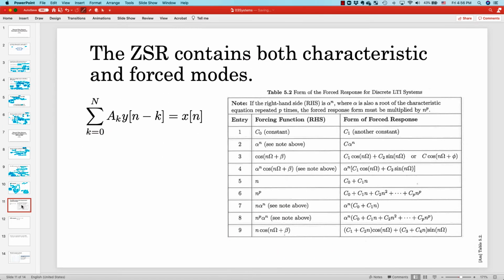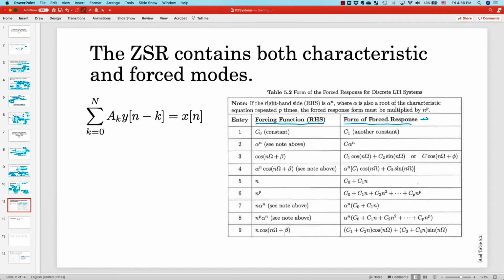Okay, so note. The ZSR, or zero state response, contains both characteristic modes and forced modes. So remember, characteristic modes come from the characteristic roots. Forced modes come from the forcing function. And so the Oppenheim book has this really nice table of, if you give me the forcing function form, then I just have to look into this to find the form of the forced response.